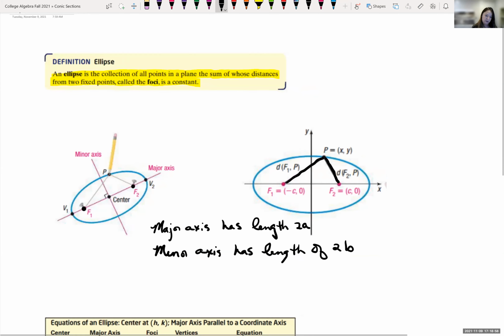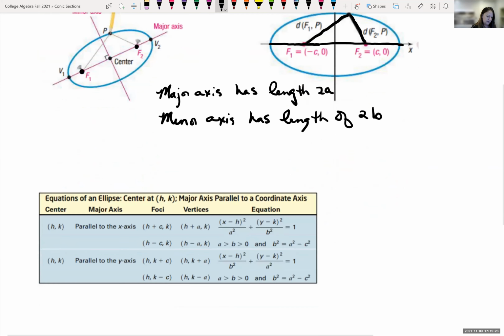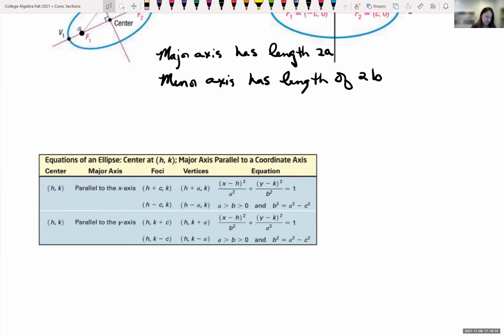Okay, so let me give you some equations, and it really depends on which way our ellipse is facing. So we're going to look at it where this major axis, the longer axis, is either parallel with the x-axis or parallel with the y-axis. So it's either elongated towards the x-axis or elongated towards the y-axis. And depending on which way, depends on which equation we use.